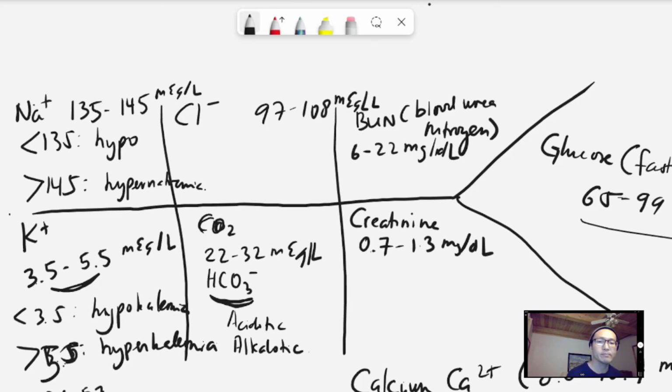Calcium is important in, I would say, nerve conduction, and it is important in the muscles. So less than 8.6 is considered hypocalcemia, and more than 10.4 is considered hypercalcemia.